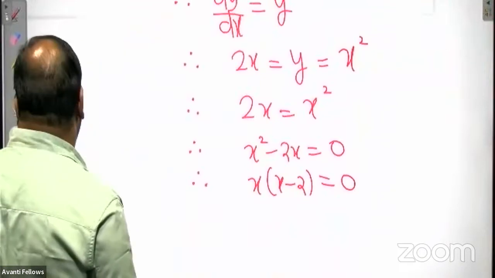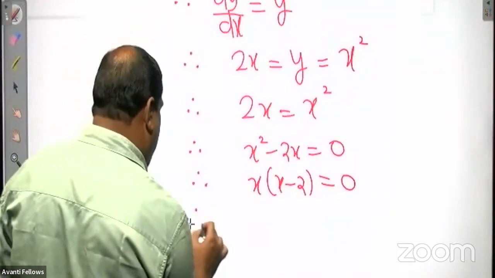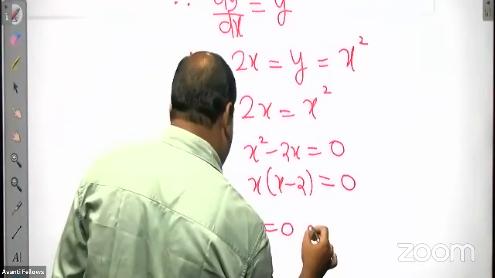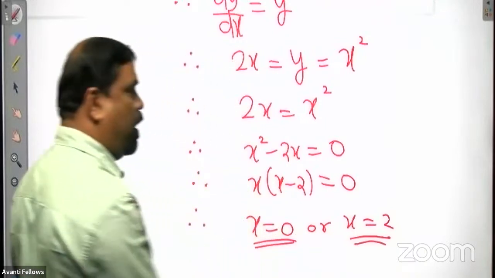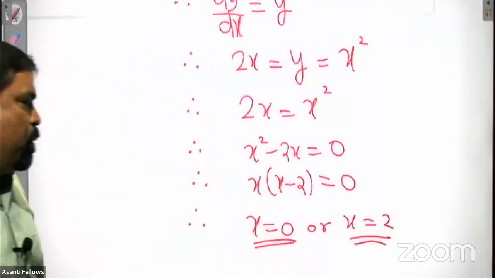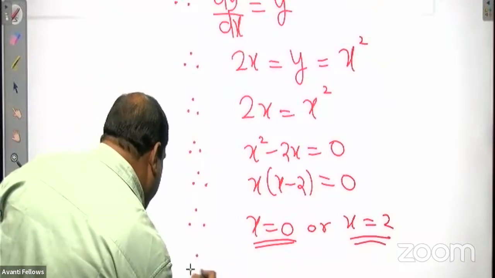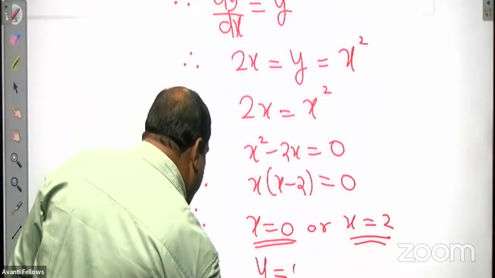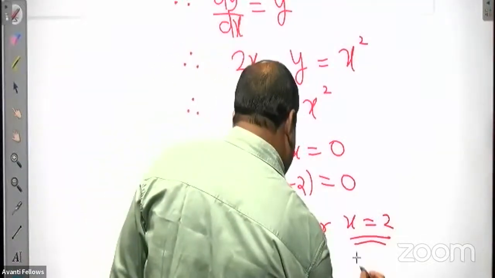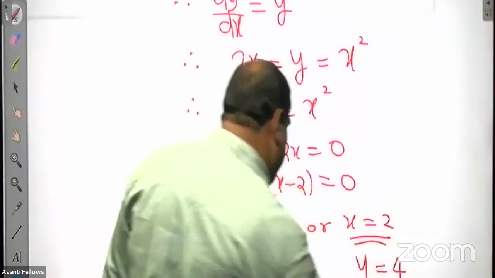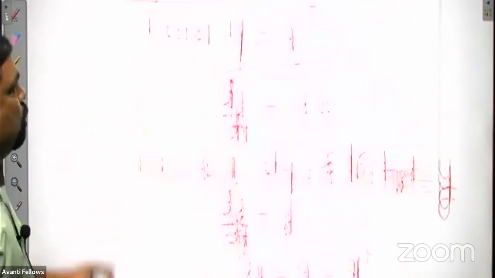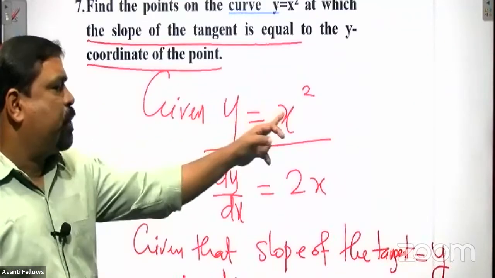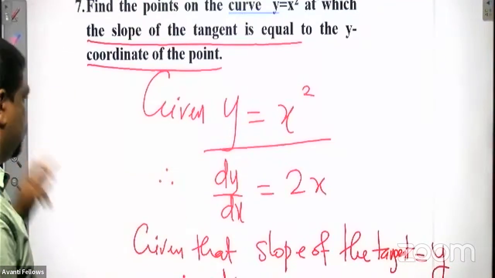x into x minus 2 equals 0. That means x equal to 0 or x equal to 2. So we have two values for x. Correspondingly, we will get y also. When x equal to 0, y must be 0 only, and when x equal to 2, y will be 4 only, because the curve is y equal x square.